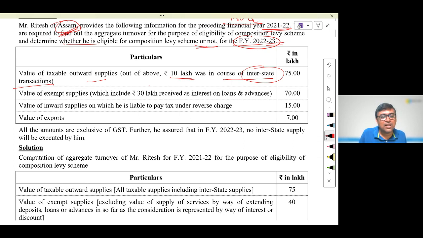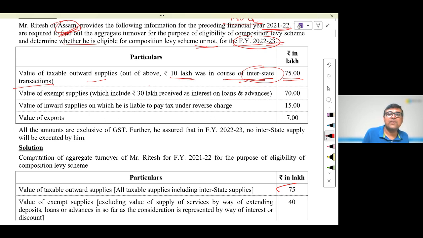In the preceding year he may not have been in the composition levy scheme, so he is free to do interstate transactions. So don't confuse this; the restriction is not applicable to him for the preceding year. So the 75 lakhs should be considered as supply for the purpose of aggregate turnover.